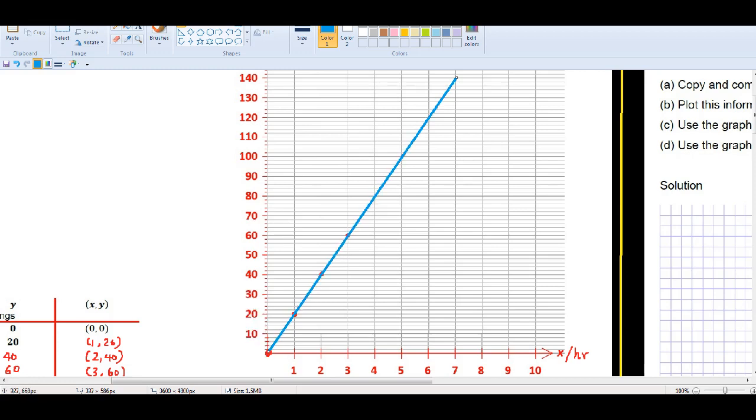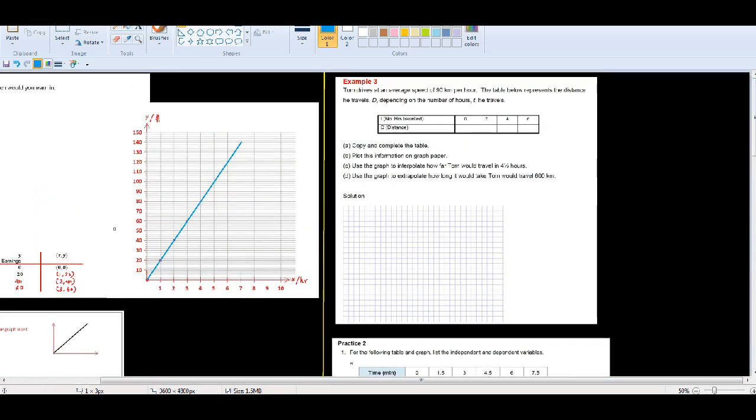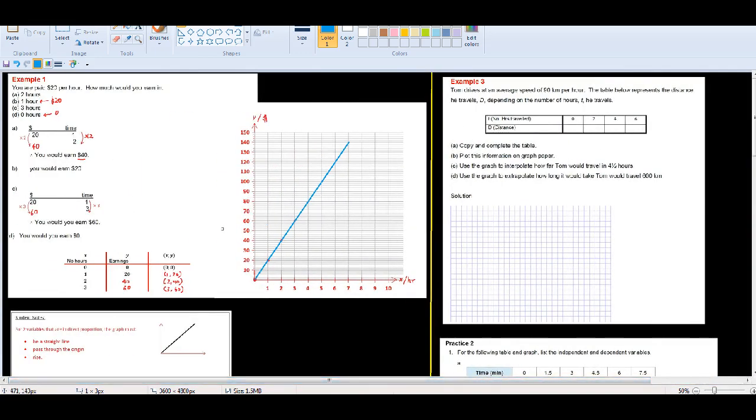Okay, so that means if we have direct proportion for this, the pay and the time, and you put them into two axes, x-axis and y-axis, and you plot all the points according to that direct proportion, and you connect all the points, you will see a straight line.